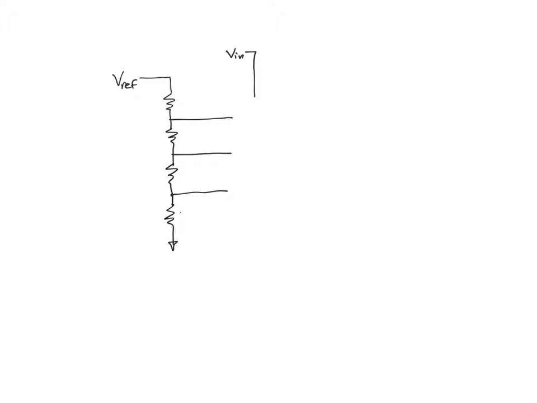And then V in is actually going to come in over here. Okay. And we're going to use that V in into a comparator. And this will tell me whether V in is above or below this particular voltage right here. Now, of course, I'm going to jump over here and go down and do this again with another comparator. Okay.